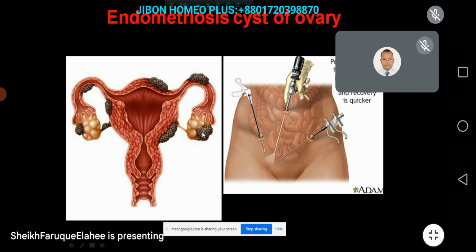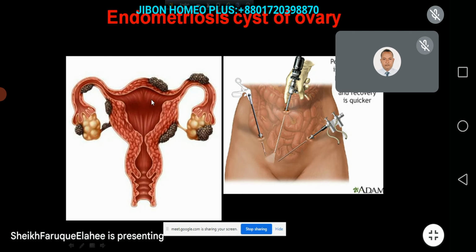There will be ovarian cells in other places, maybe in the abdomen, maybe in the nose. So when there is menstruation, there will be menstruation in the uterus as well as outside the uterus, as well as from the nose. It's called vicarious menstruation.